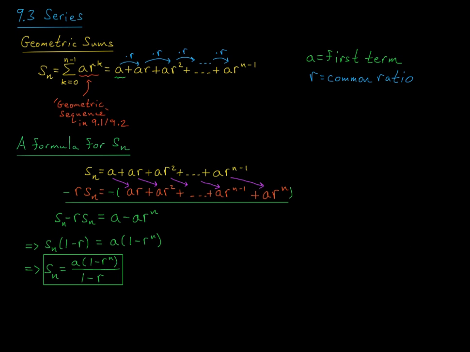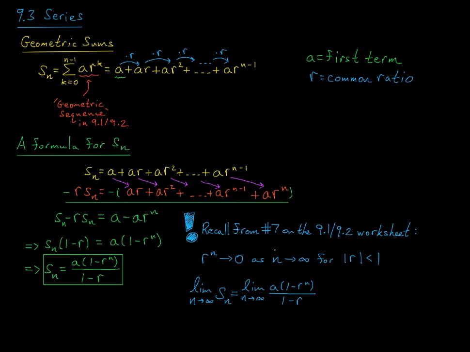All right, so now, next thing I want to look at. Recall from question 7 on the 9.1-9.2 worksheet, we saw that r to the n, which note it shows up in our expression for S sub n right here, approaches 0 as we let n approach infinity if r is strictly between -1 and 1, or put another way, the absolute value of r is strictly less than 1.